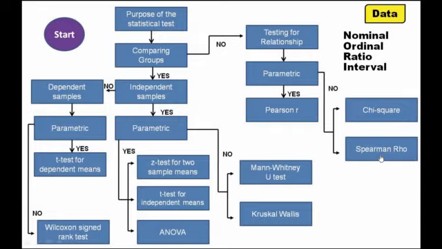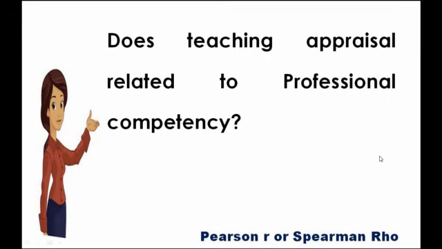Okay. Now, for the Spearman Rho we are using ordinal data. Now, we can have teaching appraisal related to professional competency. Now, teaching appraisal and professional competency.